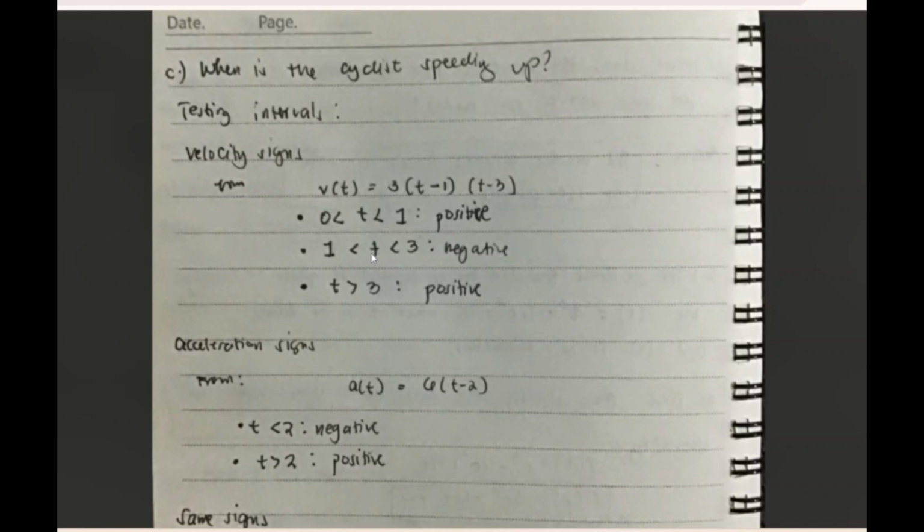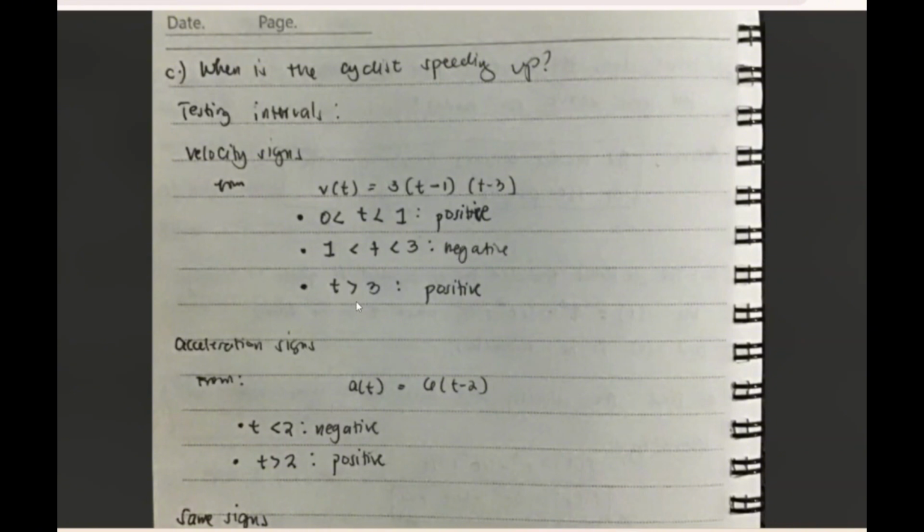So t is greater than 1 but lesser than 3. Let's try to plug in 2. So 2 minus 1, that is 1. And then 2 minus 3, that is negative 1. So negative times positive here, that's negative.